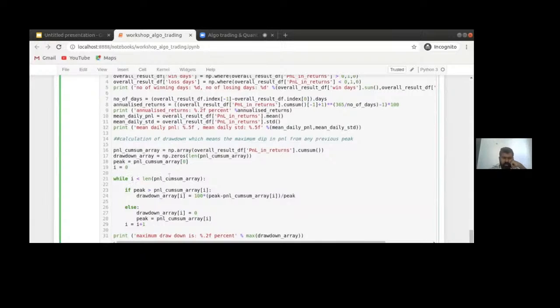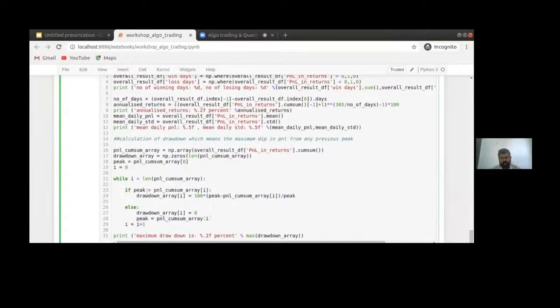Then I start iterating over this PNL, and if the peak value is more than the PNL till that date, then I calculate the difference between them, the peak value minus the PNL sum array, divided by peak. Otherwise, it's zero, and the peak is given by this.